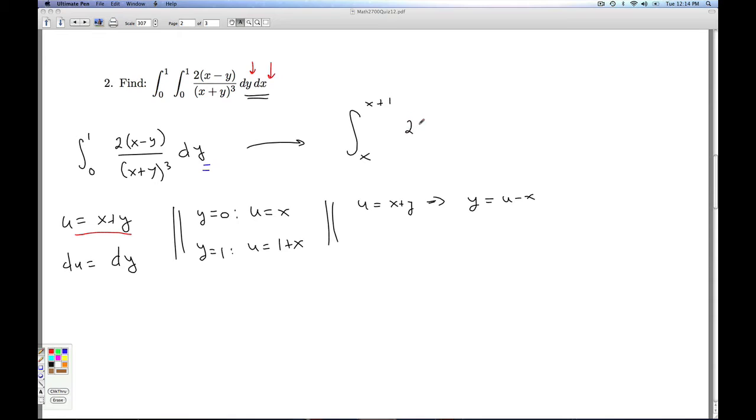In the numerator I have 2 times the quantity x minus y. Y is u minus x, so when I simplify x minus the quantity u minus x, I'm going to get 2x minus u over u cubed du.